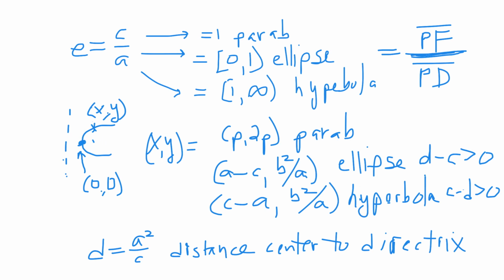But for a hyperbola, notice that the distance to the focus is longer than the distance to the directrix. So that's why these will shift direction when you subtract them for those two. The distance from the center point to the directrix can also be written in terms of a and c, a squared over c, and that would be only for the ellipse and the hyperbola that actually have a center point and that you can actually talk about the distance d.